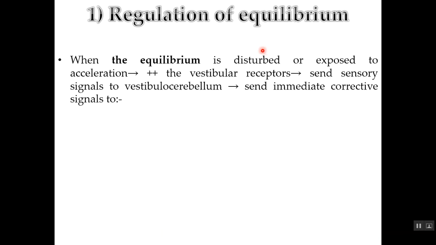What about the role in equilibrium? The part of the cerebellum concerned with the regulation of our equilibrium is the vestibulocerebellum, or the flocculonodular lobe. When your equilibrium is disturbed or you are exposed to acceleration, linear or angular, this will stimulate your vestibular receptors.